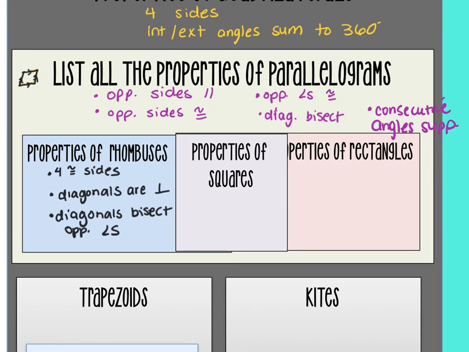The next thing we'll go to is rectangles. The definition of a rectangle is 4 right angles. So it is also a parallelogram, which means it has all the properties from above. And then we know one more thing about a rectangle: the diagonals are congruent.